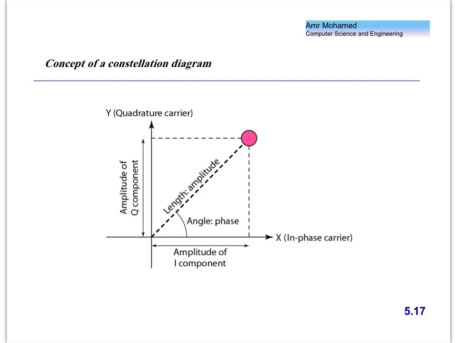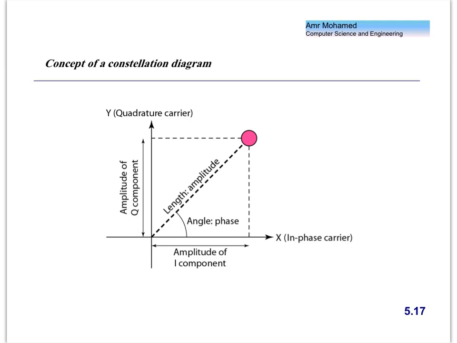So historically we have talked about two ways of representing a signal. We talked about the time representation of a signal, and we looked at the sine wave. We talked about the frequency representation of any signal, which is the frequency spectrum of a signal. We talked about these two a lot, right? There is another way of representing an analog signal using what we call the IQ diagram.